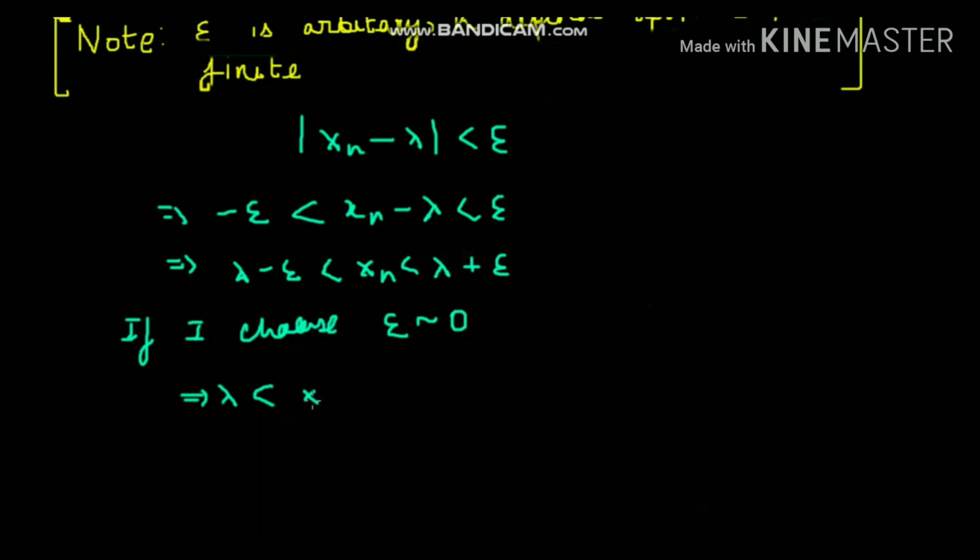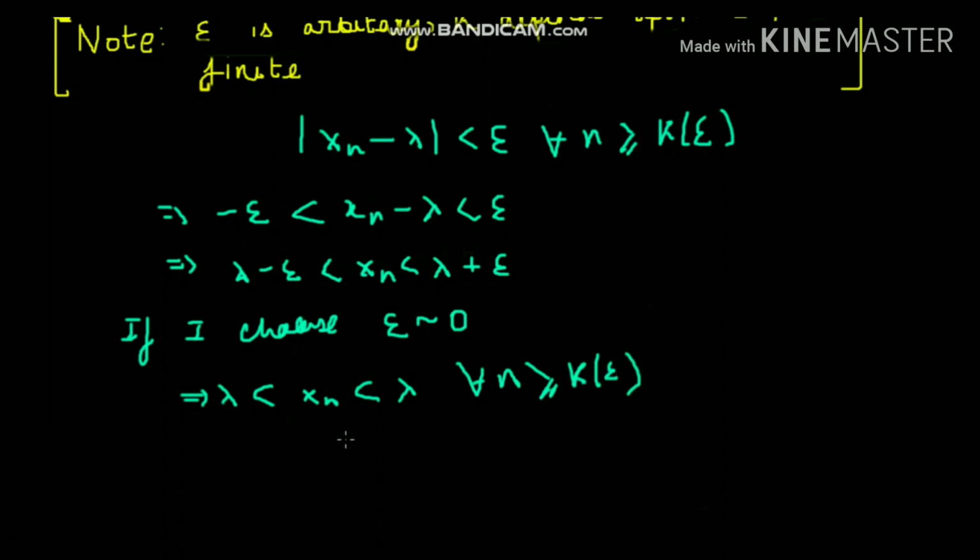If we choose epsilon to be very close to 0, we get lambda is less than x of n, which is further less than lambda. But what does this mean? A quantity is bounded by the same quantity on both sides. So can we say that x of n starts to behave as lambda when n is greater than k of epsilon?